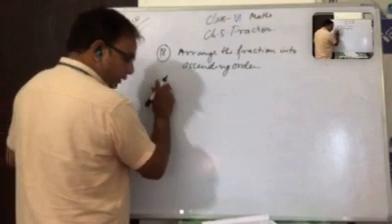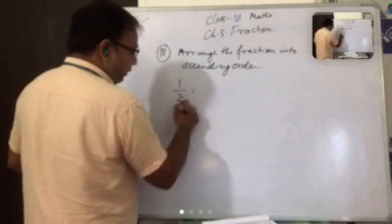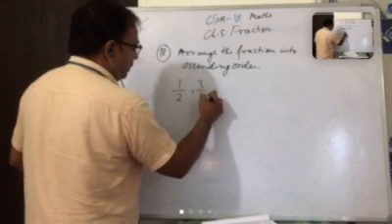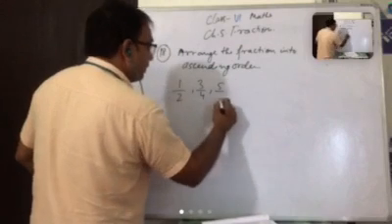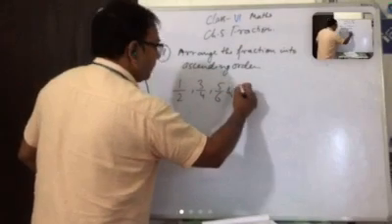Now, question number 18, the fractions are 1 upon 2, 3 upon 4, 5 upon 6, and the last one is 7 upon 8.